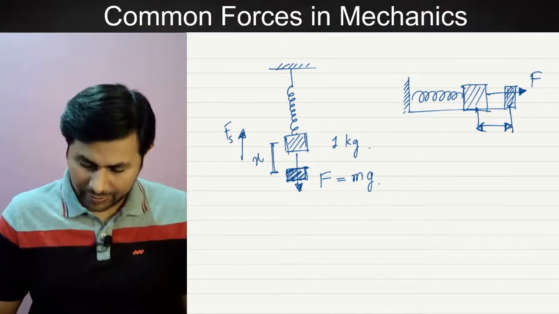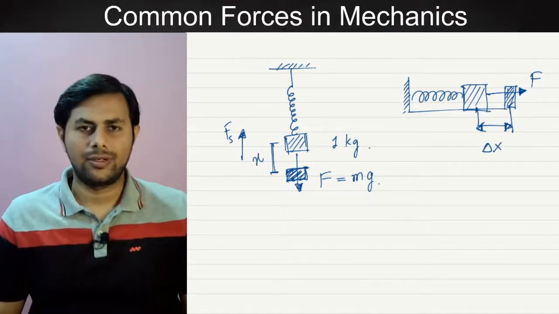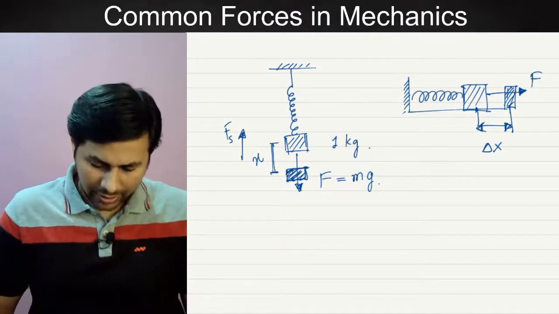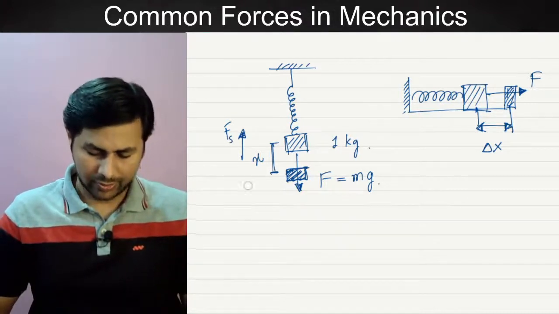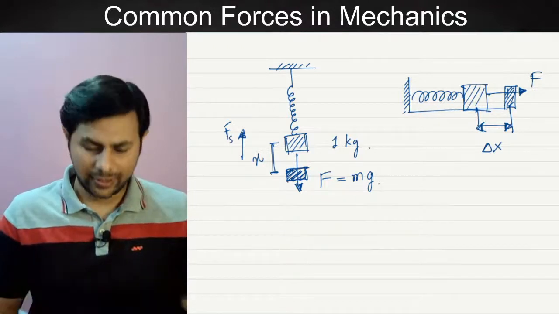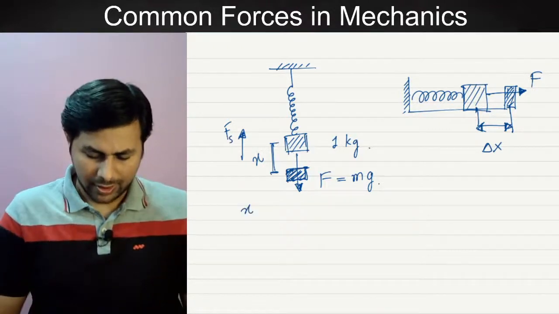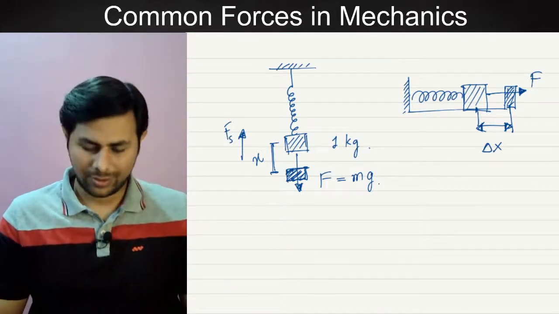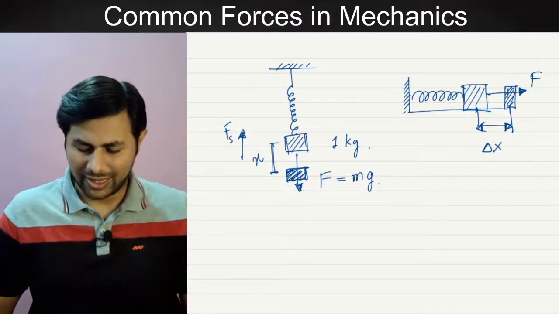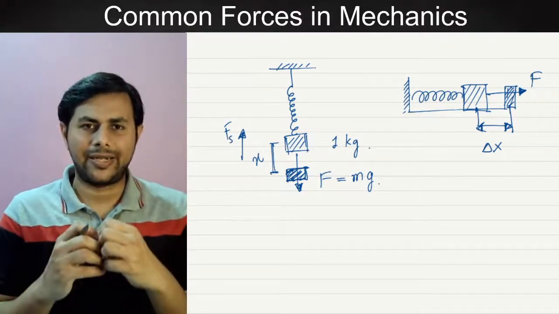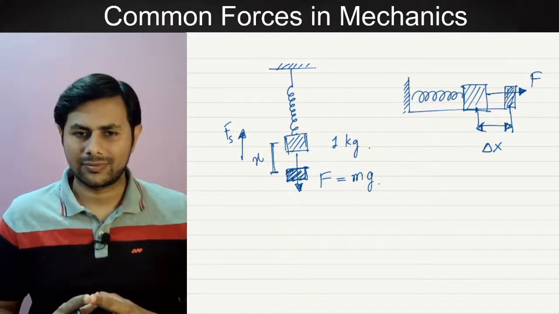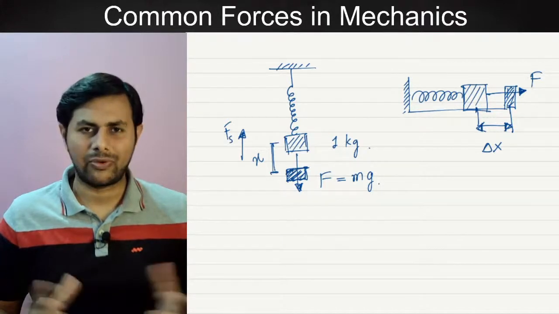Let's suppose this is some delta x, and let's suppose we already calibrated and found that for 10 newtons of force the displacement is x. Then how to find out this F? Let's suppose this F displaces the spring by delta x. How much will be F? How can we find it?